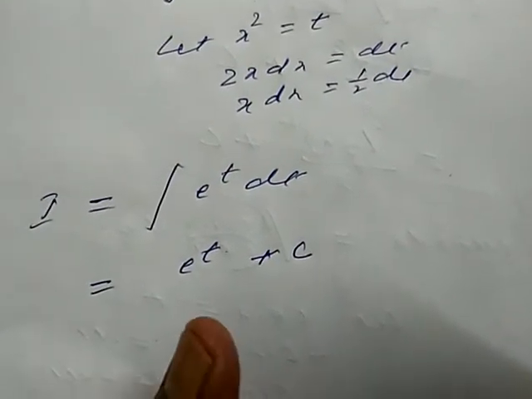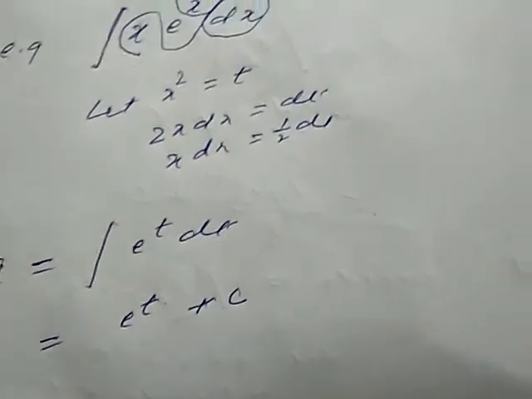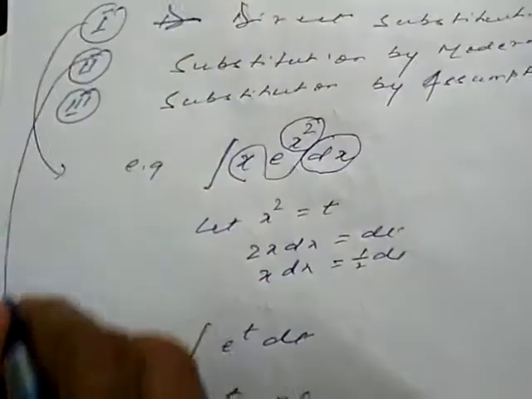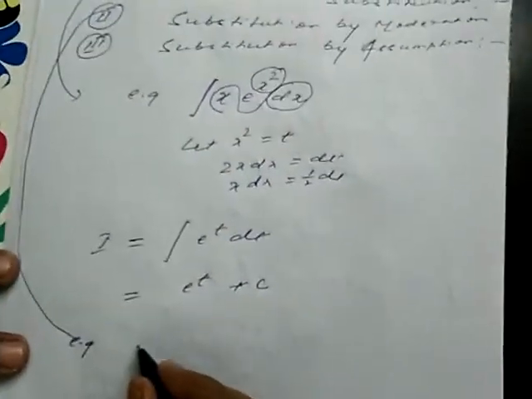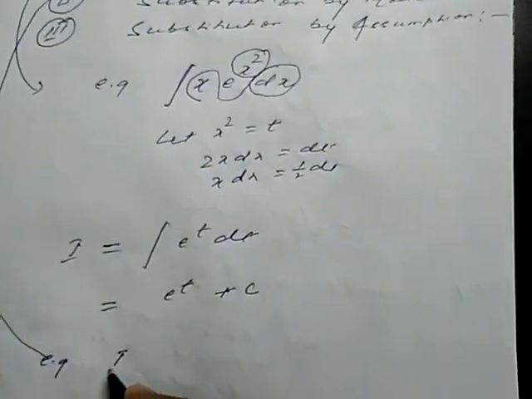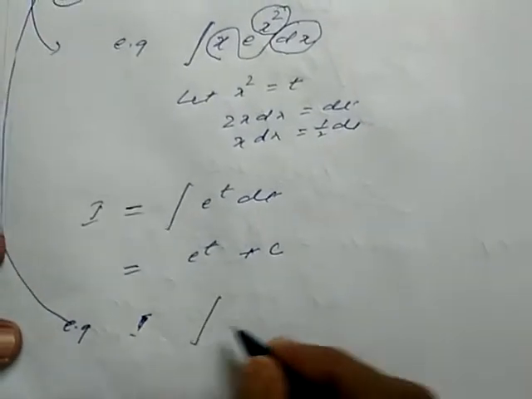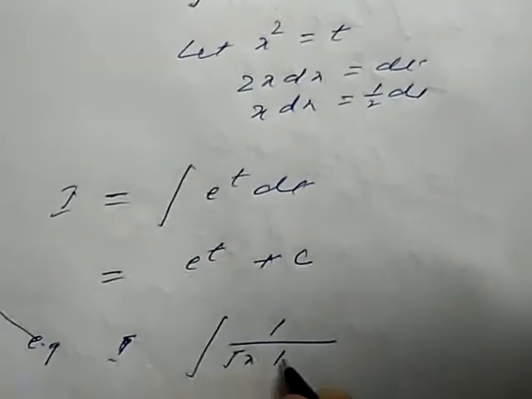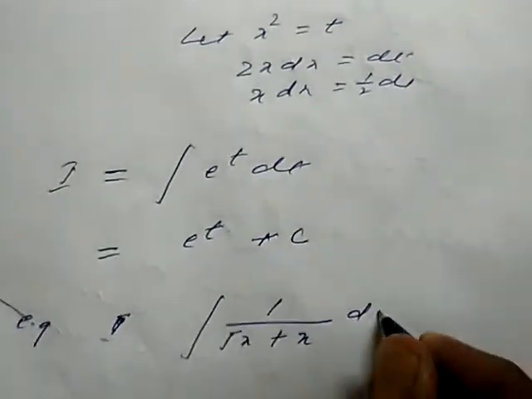But sometimes, like see the example, substitution by the method of moderation. I is equal to, let us see, integral of 1 upon root x plus x dx.